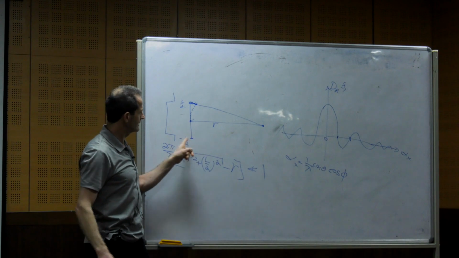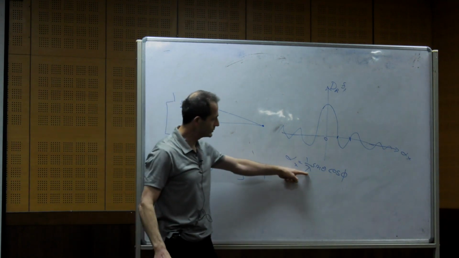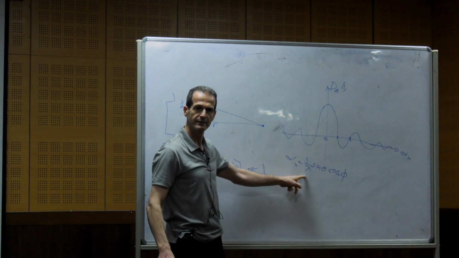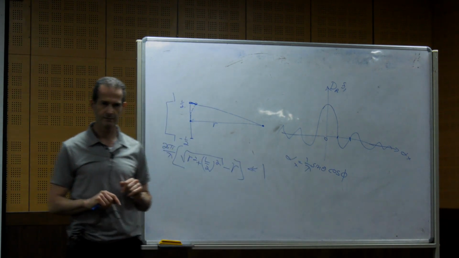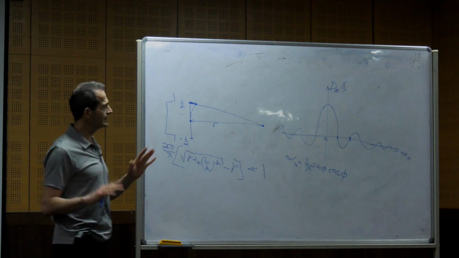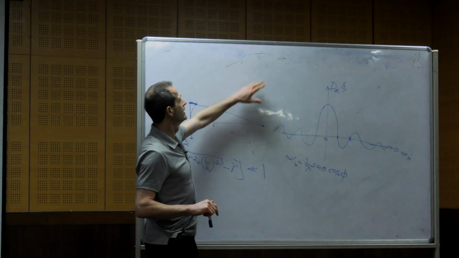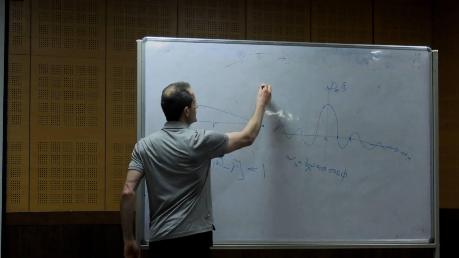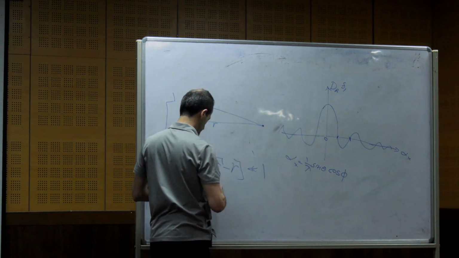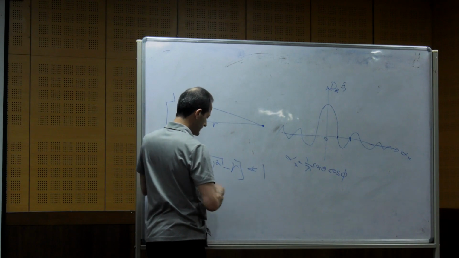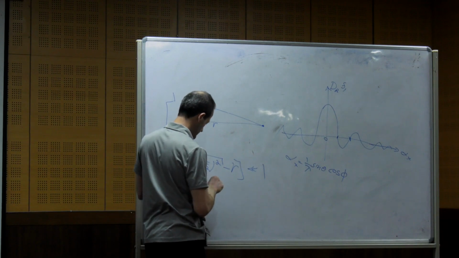But think about that it depends also on the frequency, the wavelength. So it's not so simple to do that. But suppose that I know that I have an interference from a certain direction.